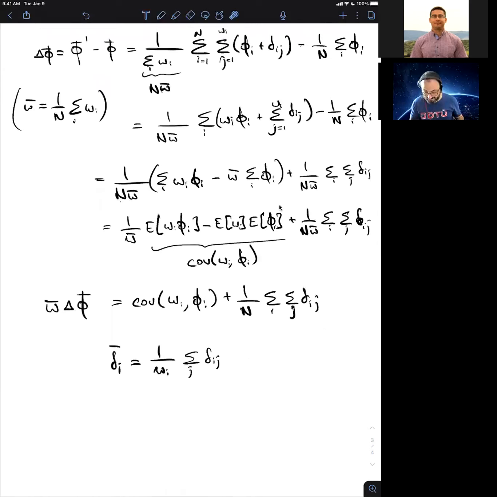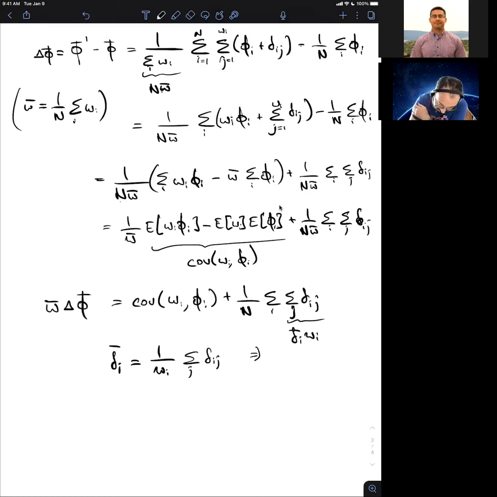And then you can write down this sum over j simply by the definition of delta i bar. This sum over j is essentially delta i bar times wi. Now delta i bar is an individual level measure for the ancestors. It's defined for each ancestor i, and you multiply with wi, and you get this sum by definition.